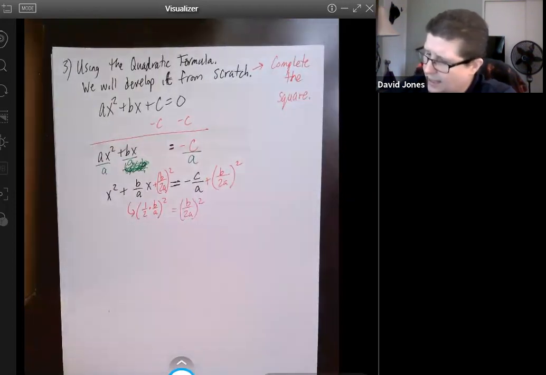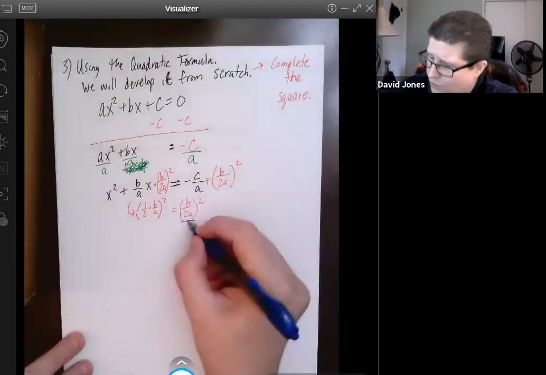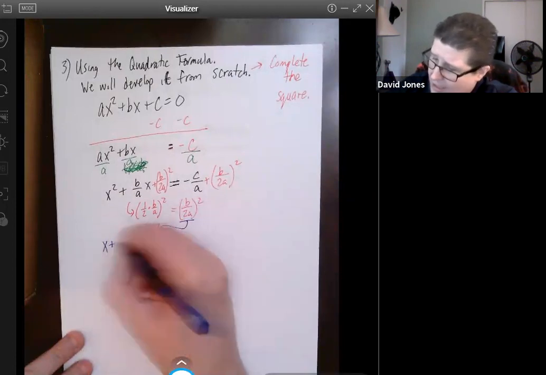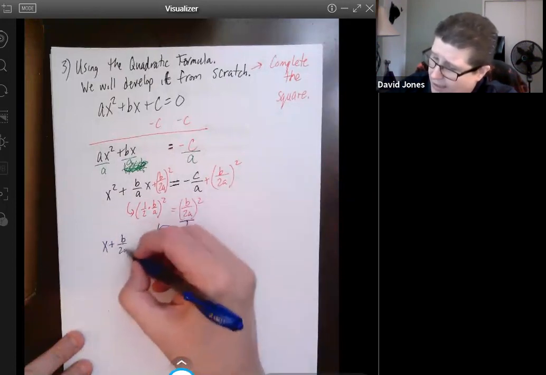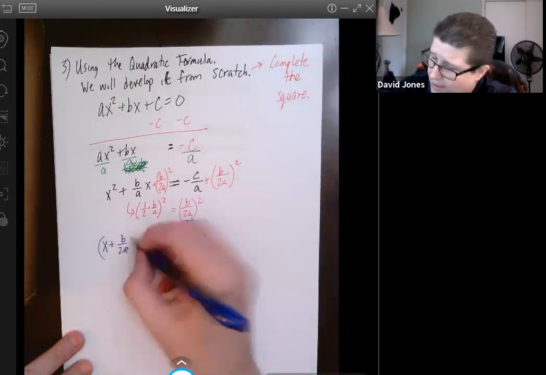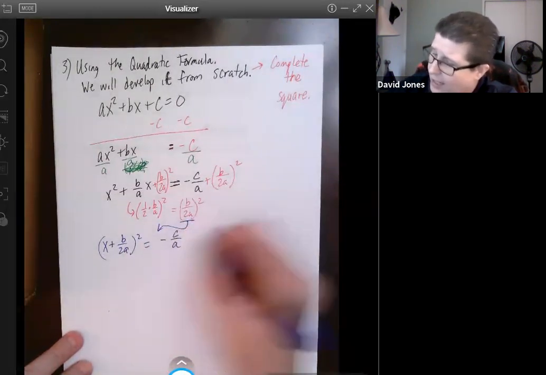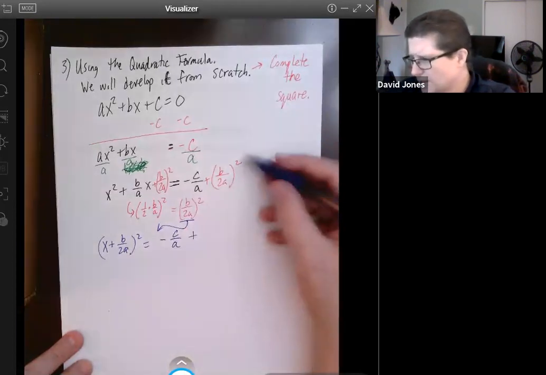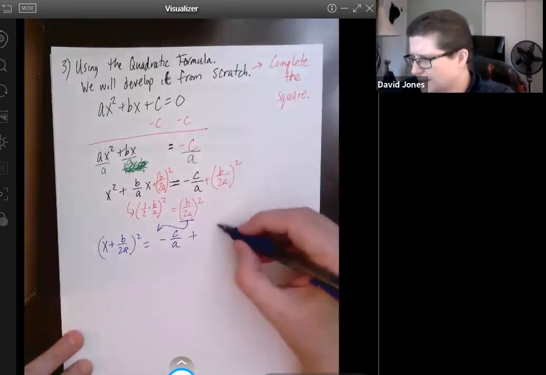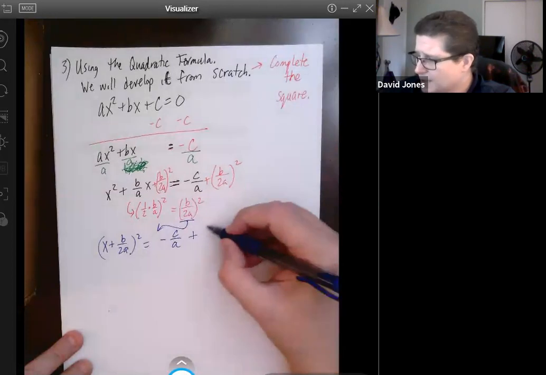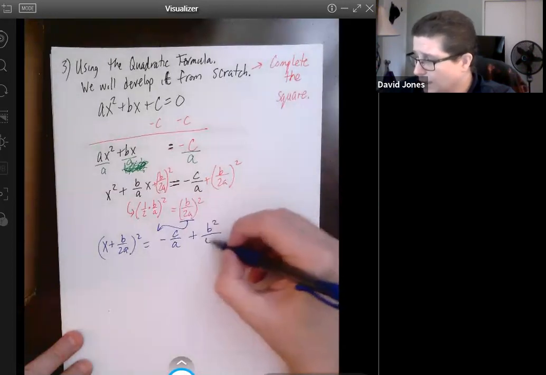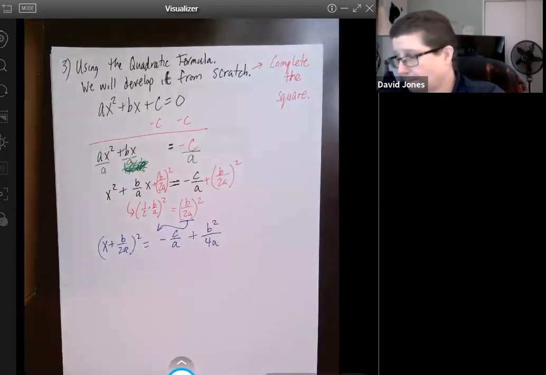So the left-hand side, I can just take that and drop it in parentheses. x plus b over 2a, squared, equals negative c over a plus, if I square this, it applies to both things on top and bottom, b squared over 4a. Now, if I want to make this one fraction, I can.